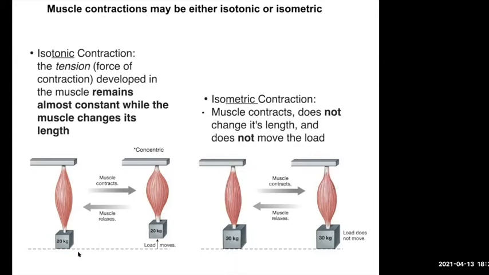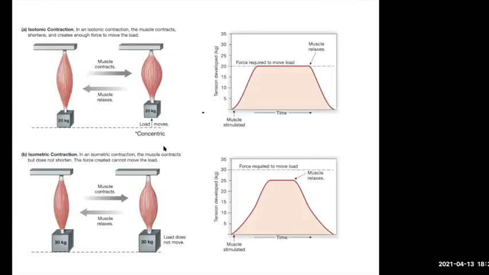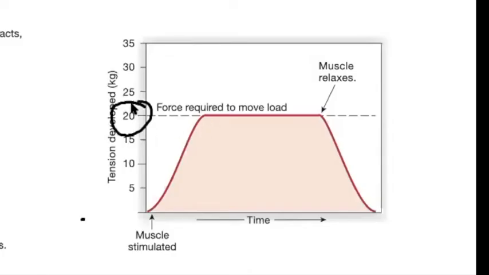Again, I don't know if your book goes into it too much, but in general, when you're looking at that isotonic contraction, moving a muscle, this is a so-called concentric contraction where the muscle is shortening. The muscle is stimulated, and the force that was generated is enough to move the load.